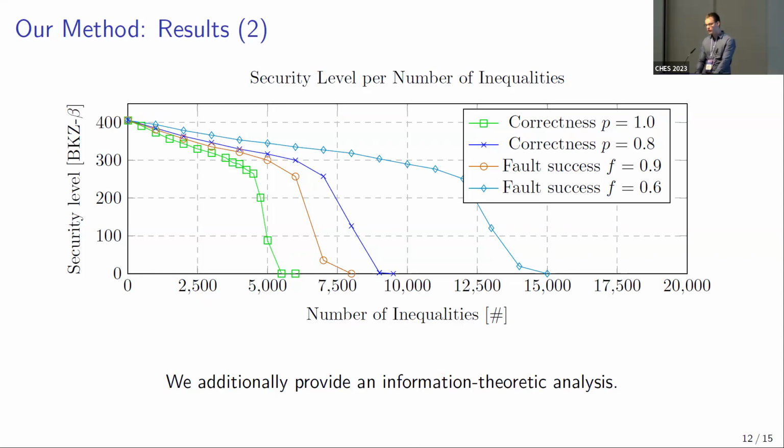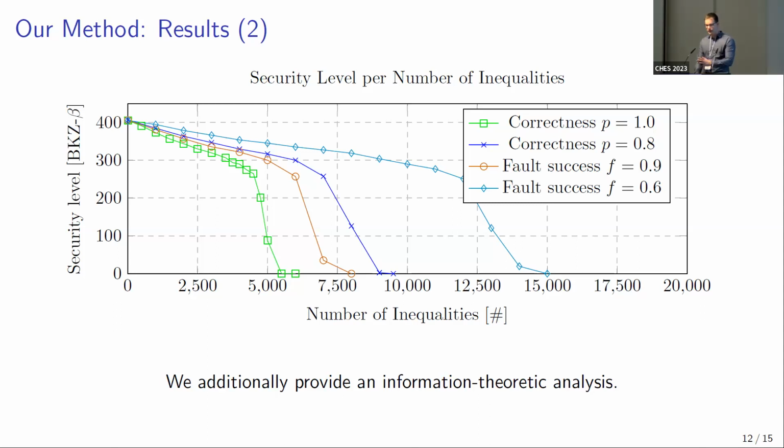In the first one, all the inequalities are correct with a certain probability p. This could, for example, come from a side channel attack. In the first sub-scenario, all inequalities are correct with probability 1, and in the second one, with 0.8, so 80% of the inequalities are correct.